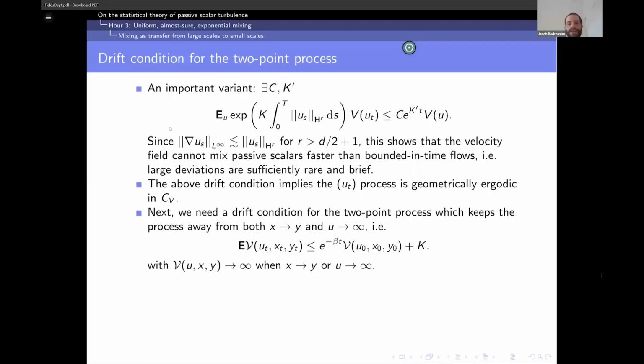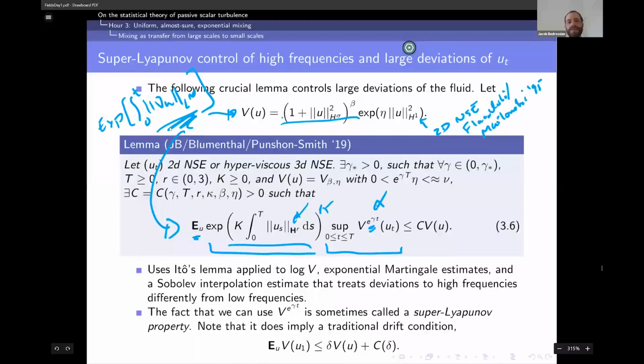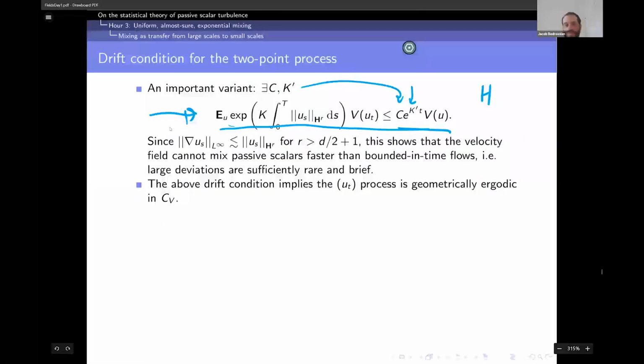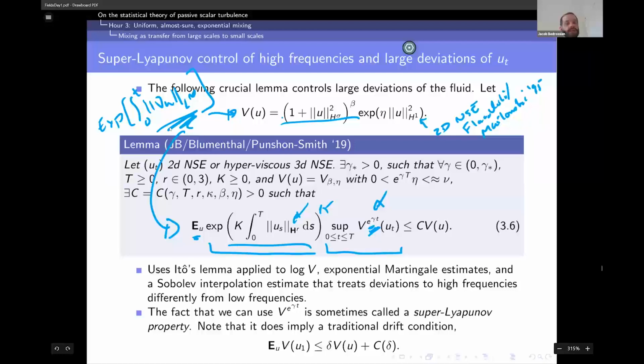I should say this super Lyapunov property is not special at all to Navier-Stokes or anything. The Ornstein-Uhlenbeck process in 1D satisfies this property. It's really a property of having linear dissipation. And in this case, you use subcritical, since your equation is either critical or subcritical.